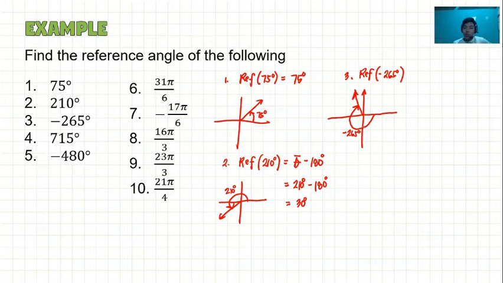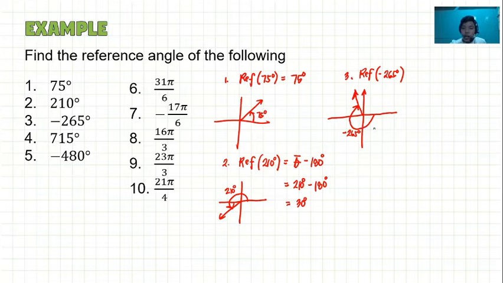Now, we need to solve first for its coterminal angle between 0 and 360 degrees. So what we are going to do is just add or subtract 360 or k times 360, where k is the number of revolutions needed, right? So in this case, we just need, I think, 1 revolution. So we will just add 360 here.